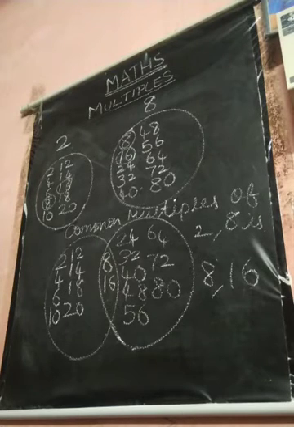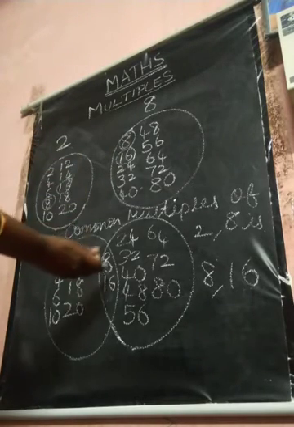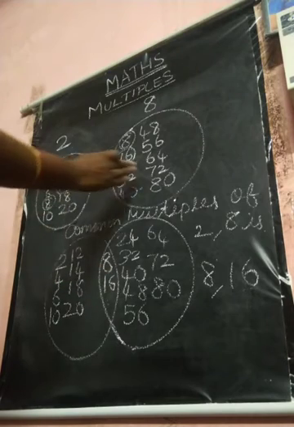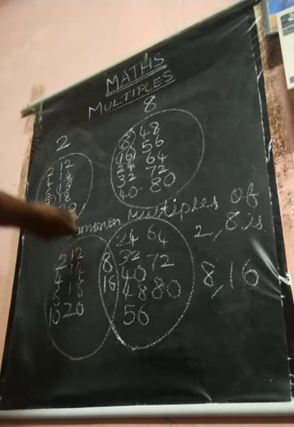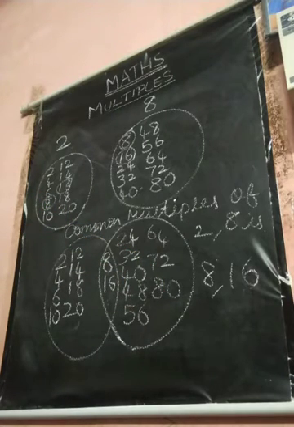You take them and write them in the middle of this circle. 8 and 16 both are having, so you write them in the middle. The remaining numbers you write in their own circles. 2's multiples in the first circle, 8's multiples in the second circle. The common multiples of 2 and 8 are what? Say, children. Good. 8 and 16 are the common multiples of 2 and 8.